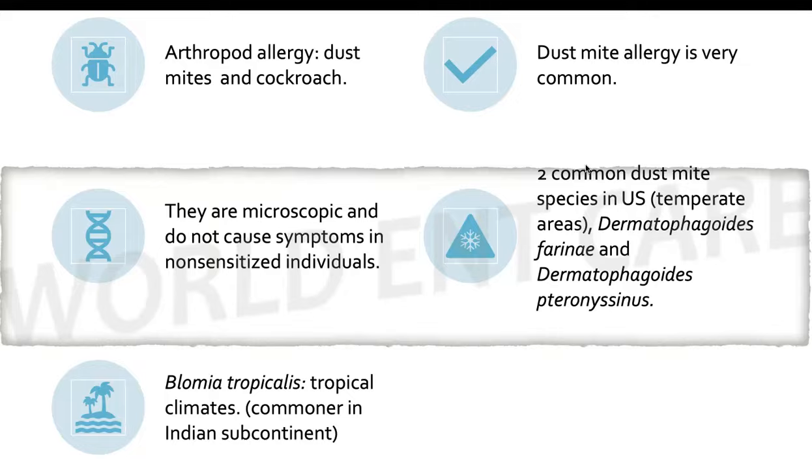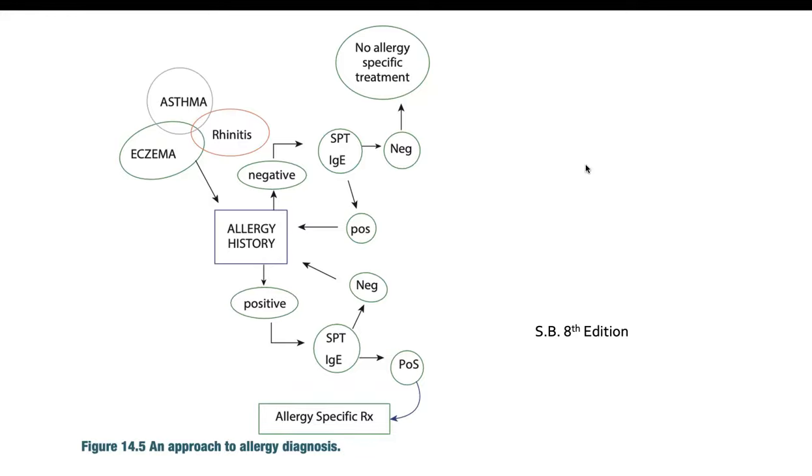Okay. Now, see, this is the flowchart that is given in Scott Brown 8th edition. Okay, but it is not important for you guys because we are going to talk much more about allergy here. But anyways, I'll just discuss. So what it says is, if the patient is having any allergy history or symptom like asthma, rhinitis, or eczema, you go for allergy history first.